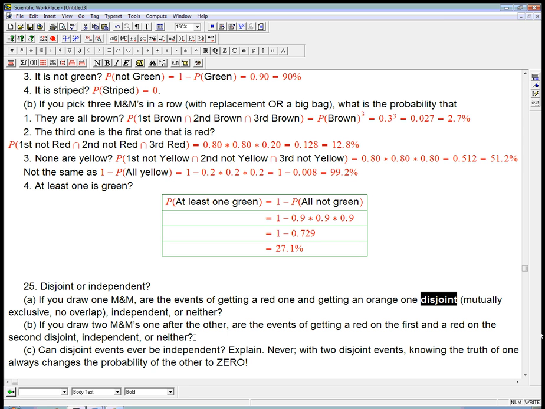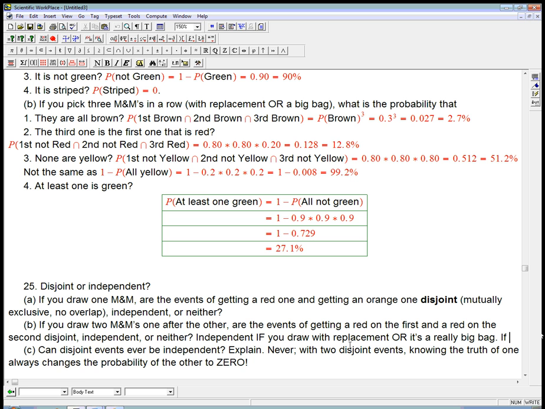Now, if you draw two M&Ms, one after the other, are the events of getting a red on the first and a red on the second disjoint, independent, or neither? Well, they're definitely not disjoint, because getting a red on the first and a red on the second should be possible, unless you have a very small bag with only one red M&M. Are they independent? Well, this is the subtlety, and I wish they would be more careful about this. They're independent if you draw with replacement, which seems pretty unlikely given that they're M&Ms and they're tempting to eat, or it's a really big bag, and you're essentially not affecting how many reds there are by drawing one out.